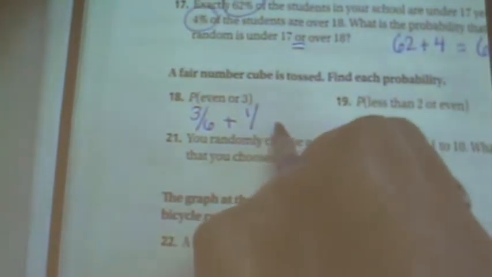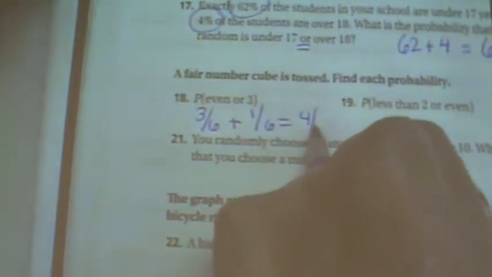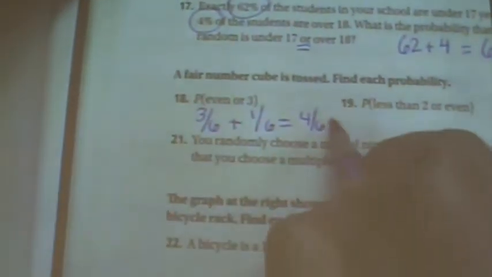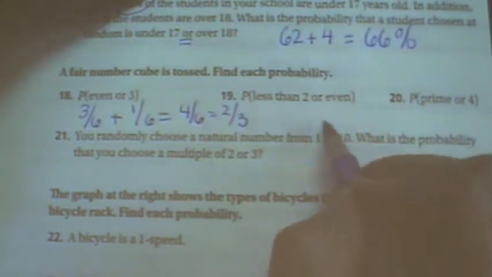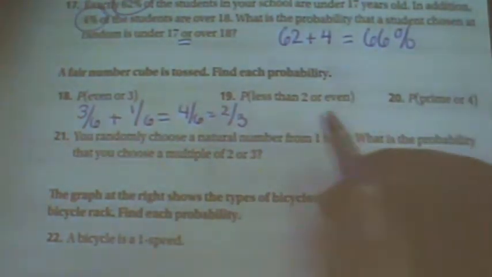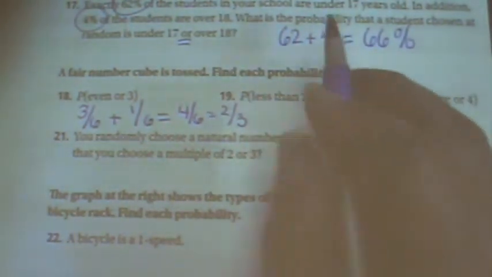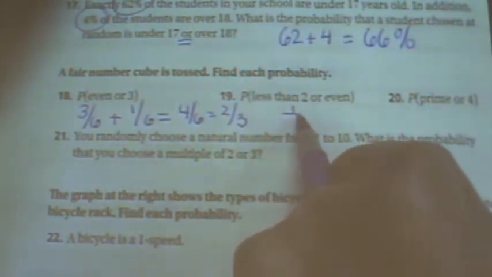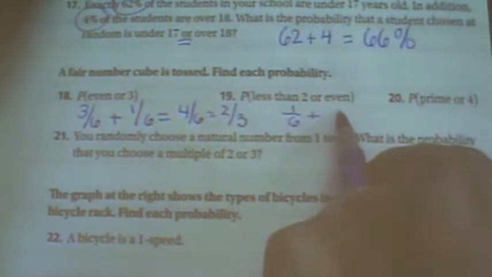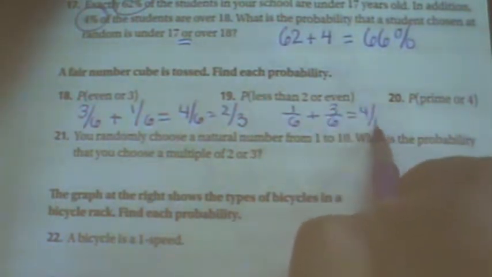There's 1, so this would be 4/6 or 2/3. Okay. Can you get a number less than 2 and have it be even? No. That's mutually exclusive. So what's the probability of a number less than 2? 1/6. How about even? And you get 4/6 or 2/3 again.